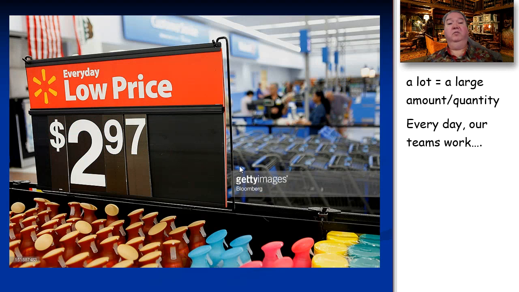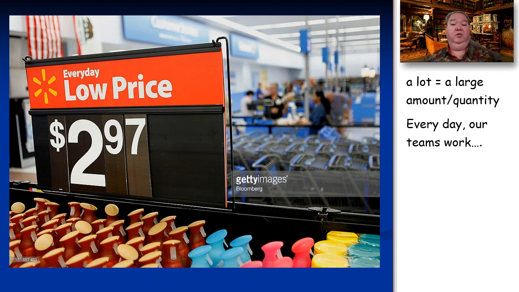This is also from Walmart. This is an everyday low price. Is this one correct? Yes, because now everyday is an adjective describing the low price. It's an everyday low price, which means this is the low price that's normal. This is an adjective describing the low price, saying this is our normal, regular price. It's always a low price.